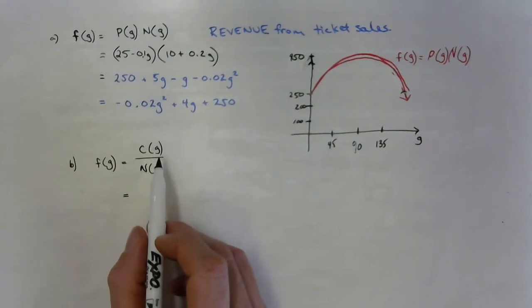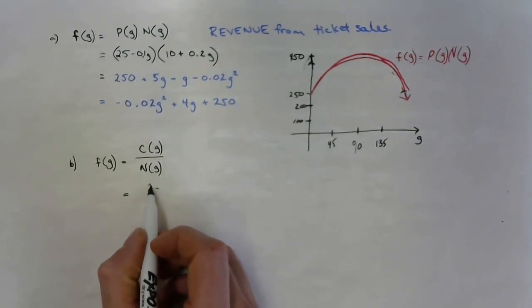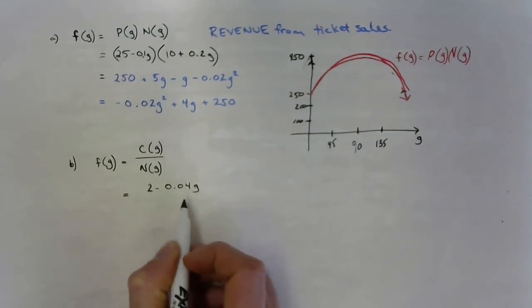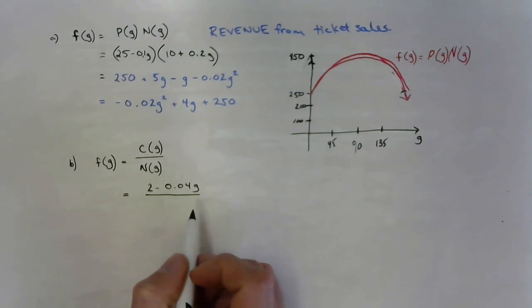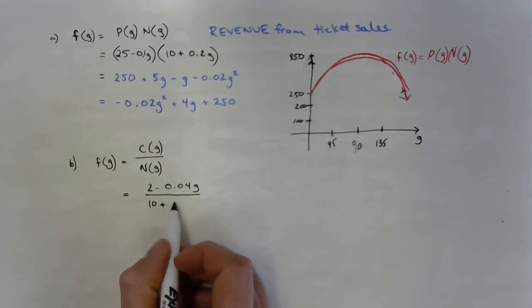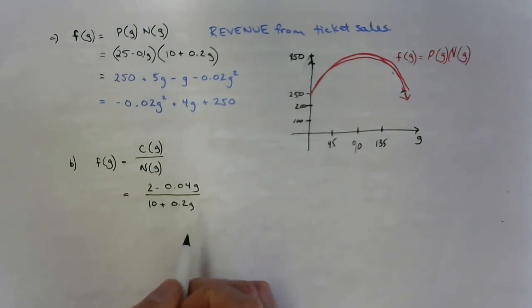So we just take our formulas that we have, c of g, which is 2 minus 0.04g, and over n of g, which is 10 plus 0.2g. And we can divide this out.